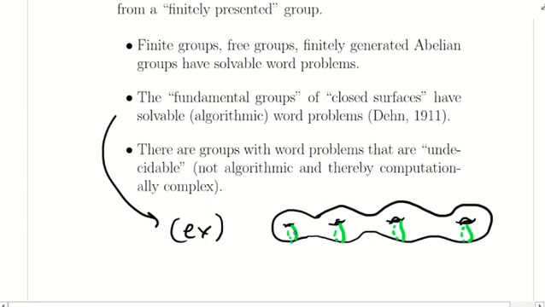But anyway, if you take the loops that go around the meridians and the loops around the longitudes, this constitutes a generating set.